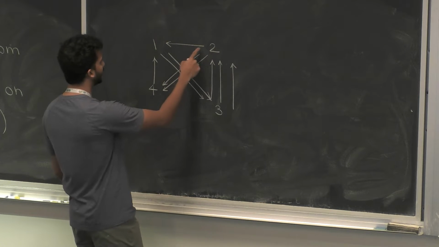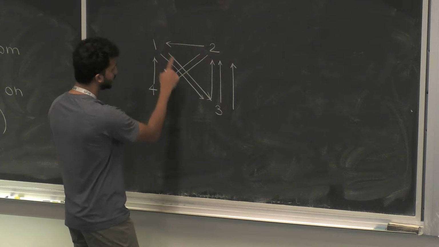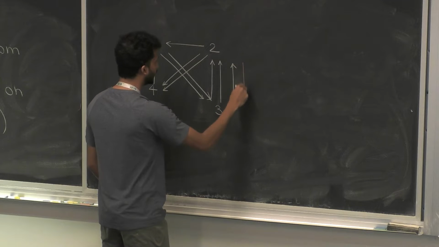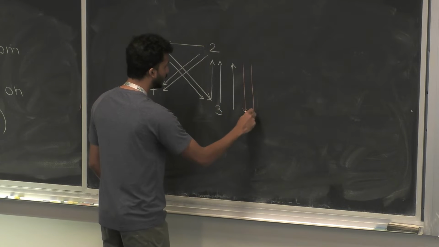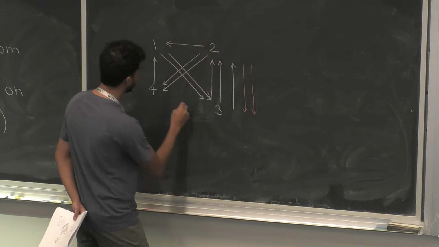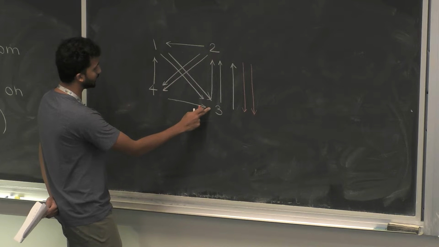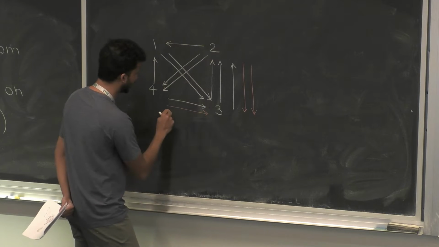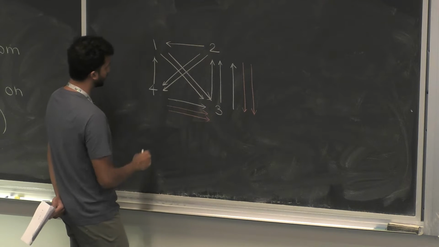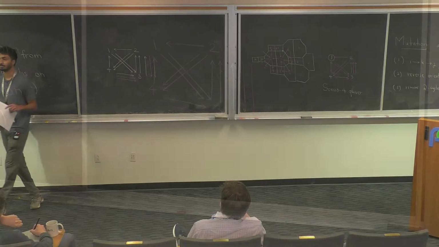So in the first step, you look at all arrows that go into 1 and come out of 1. So I have 2 to 1 and 1 to 3. So I get 2 arrows like this. And then I have 4 to 1 and 1 to 3. So I get 2 arrows like this. And that's it. So that's what you get at the end of the first step.